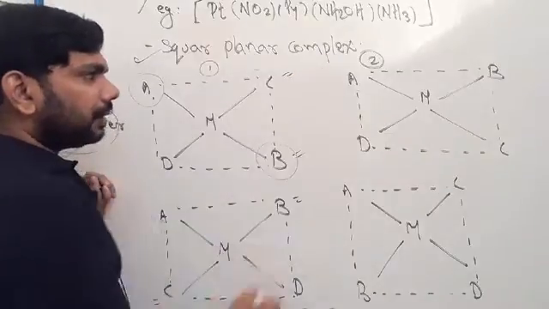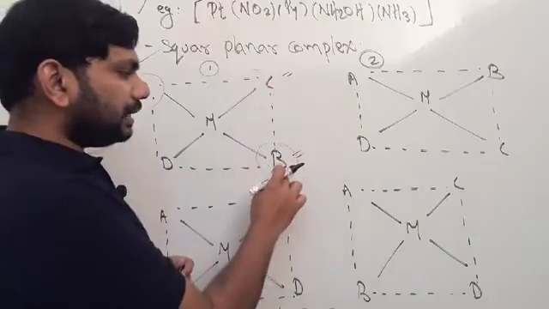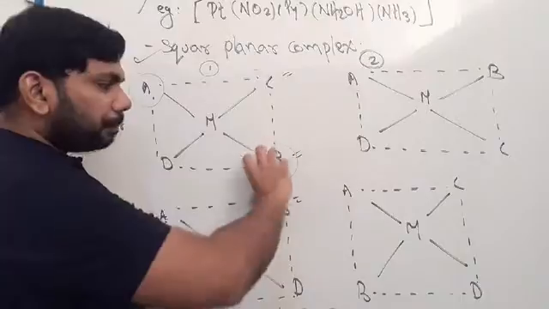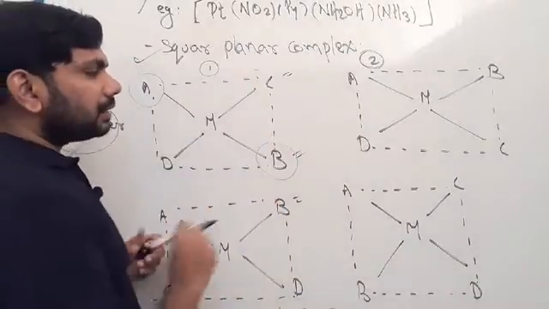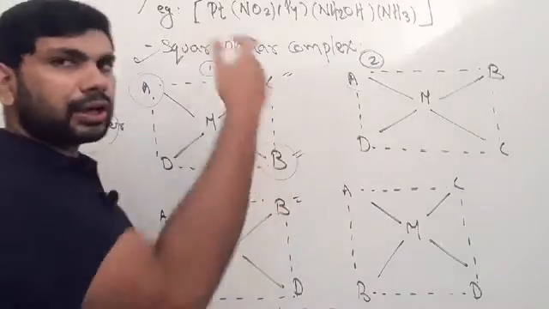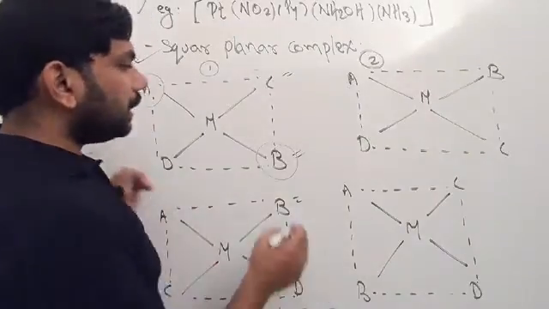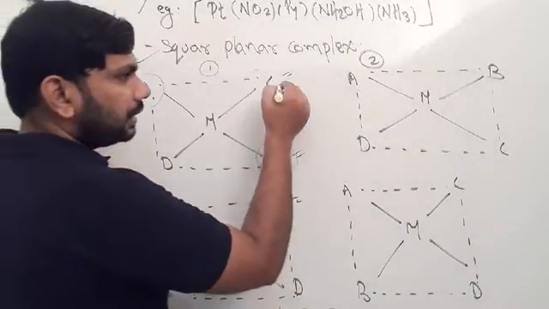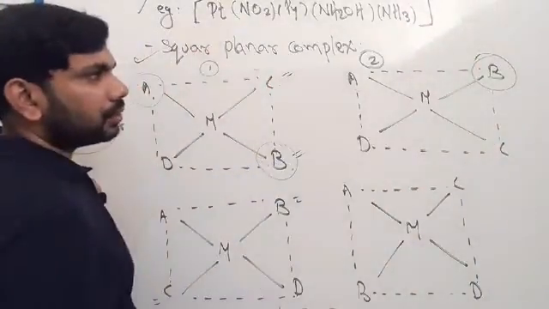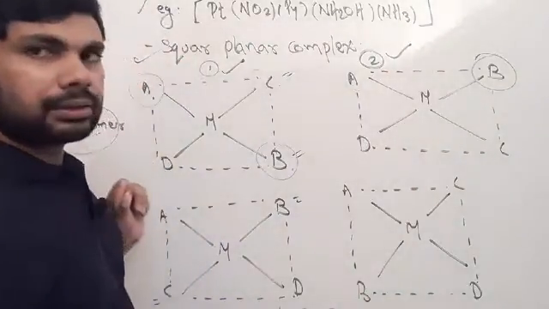Here the second type: C and B will be flipped. After flipping B and C, B comes to the top and C comes to the down part. You can check, B is over here on top and C is down. So this and this are isomers.